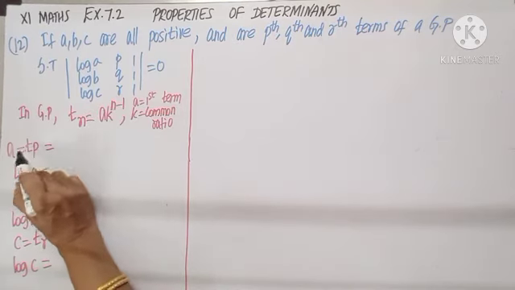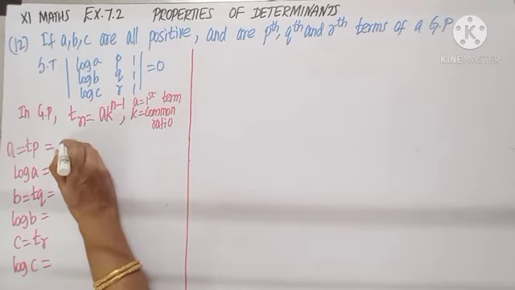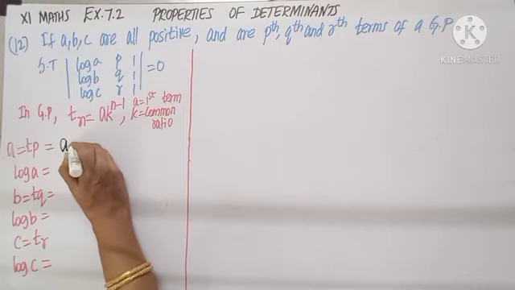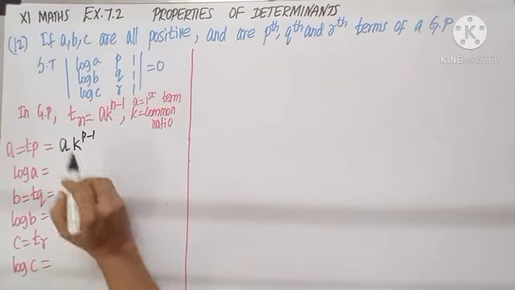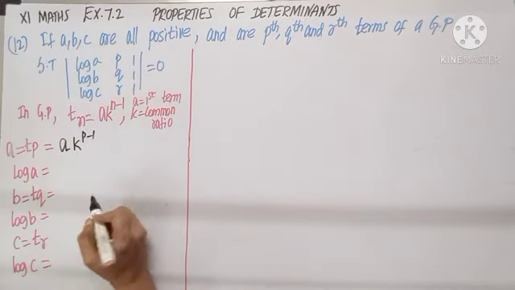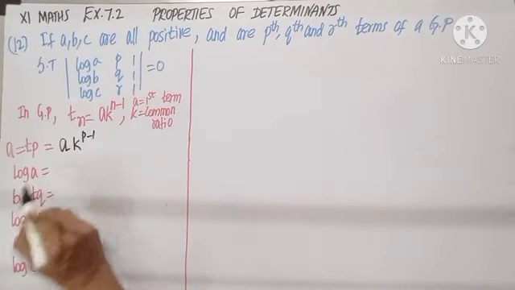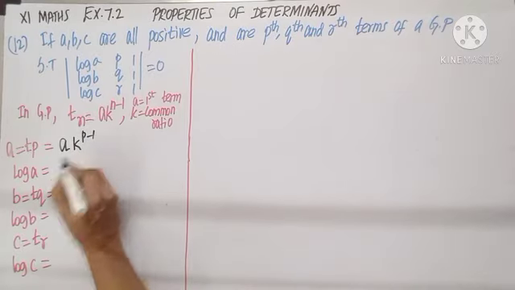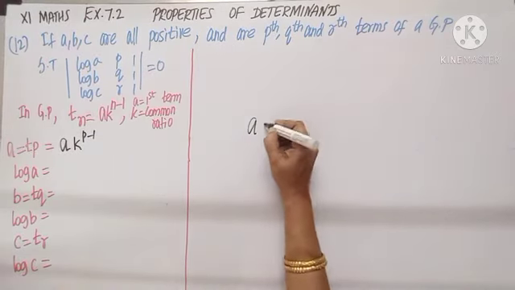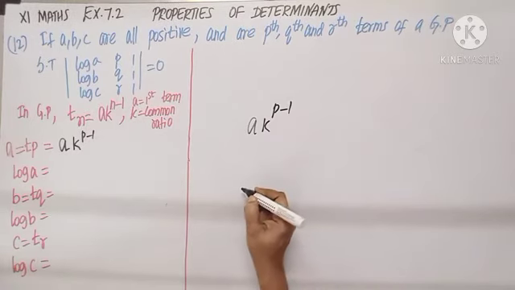When I want Tp, it is a k power p minus 1. But in the question, I want log a. When we take logarithm, remember multiplication we added a k power p minus 1.